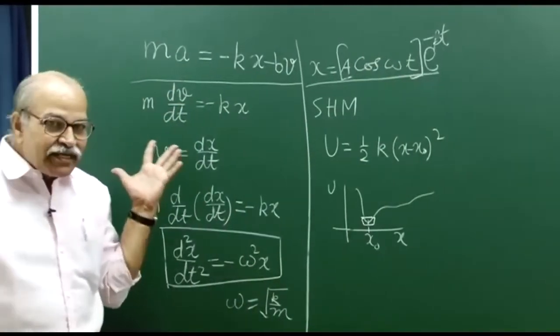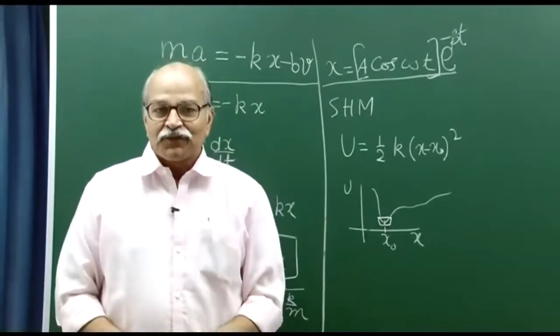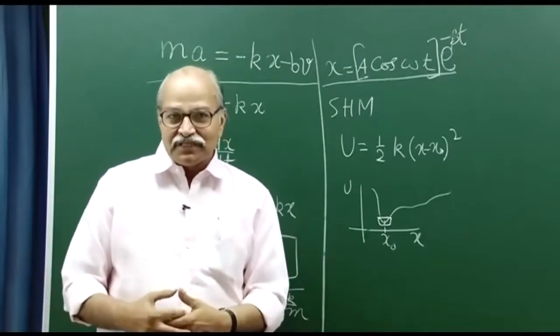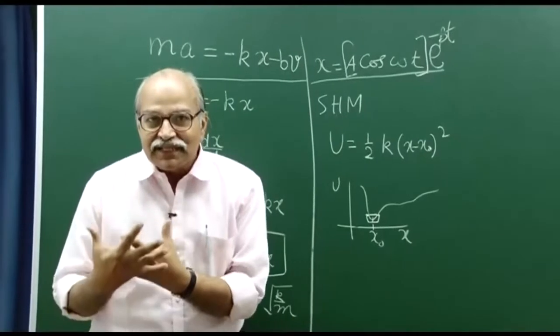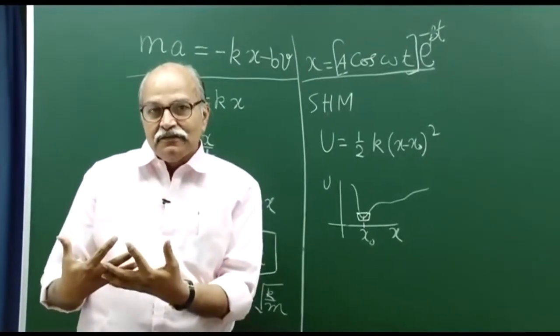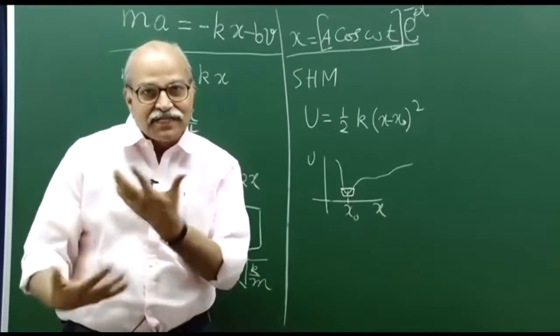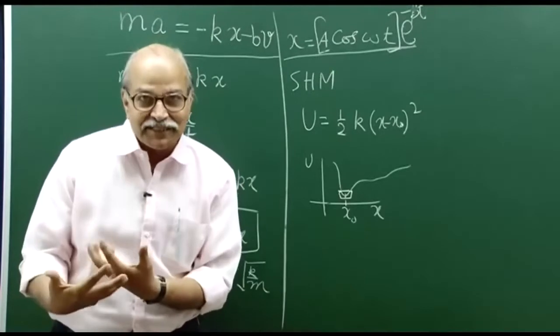Okay. So, today we will be adding yet another external force together with the restoring force and the damping force. Suppose we add an external force which itself is periodic, which itself is oscillating. The magnitude and the direction of the force are changing.